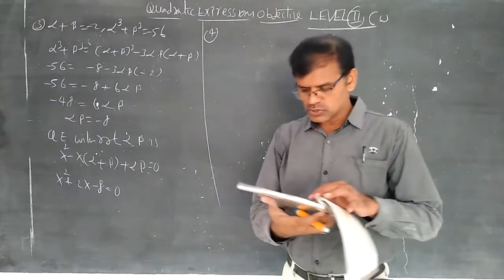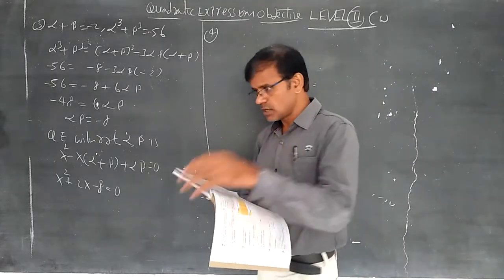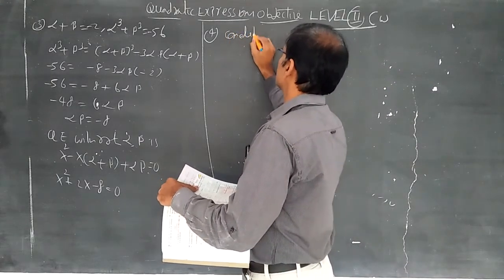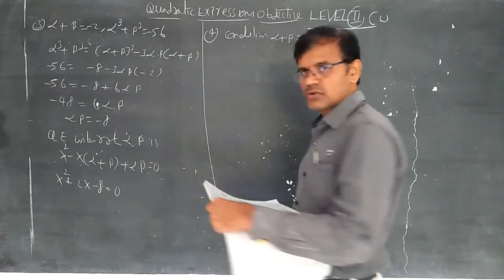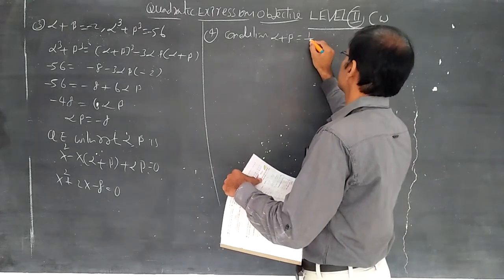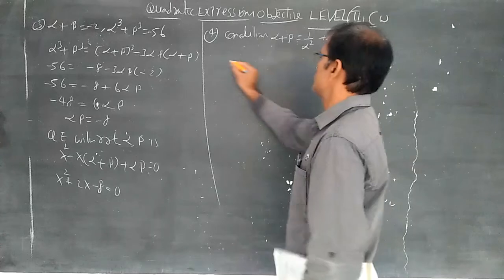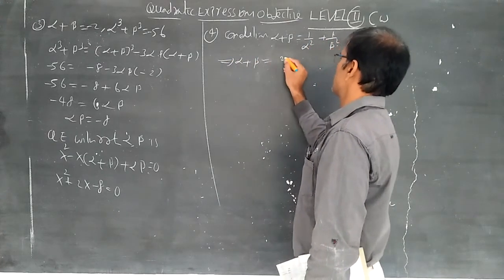If the sum of the roots of the equation ax square plus bx plus c is equal to 0 is equal to the sum of the squares of their reciprocal. Condition: the sum of the roots, alpha plus beta, equal to the sum of the squares of the reciprocal. So 1 by alpha square plus 1 by beta square. Sum of the squares of the reciprocal concept.